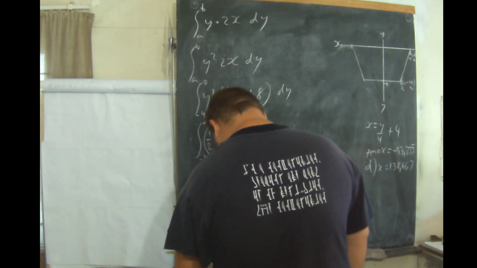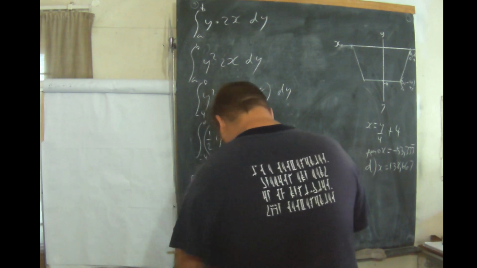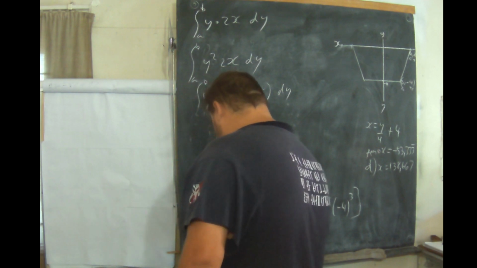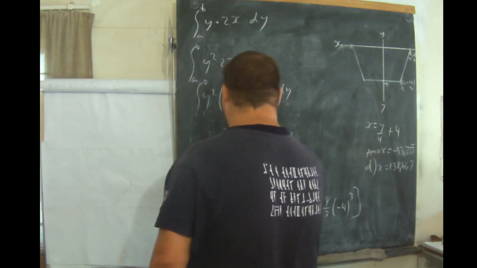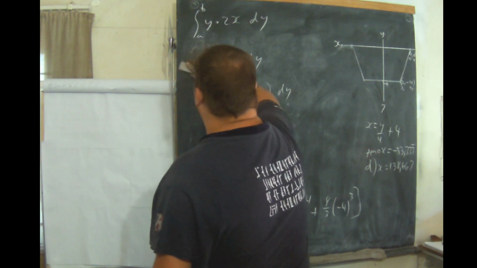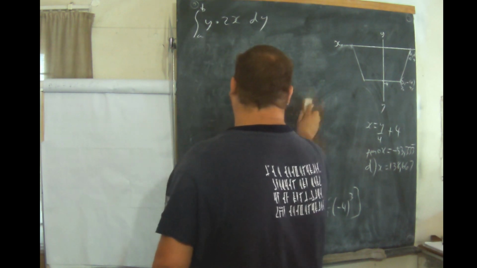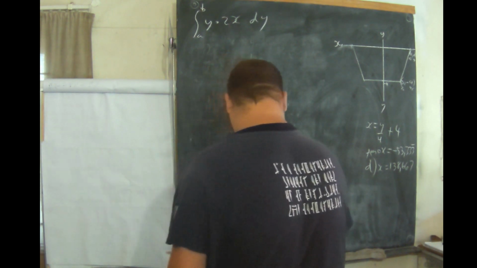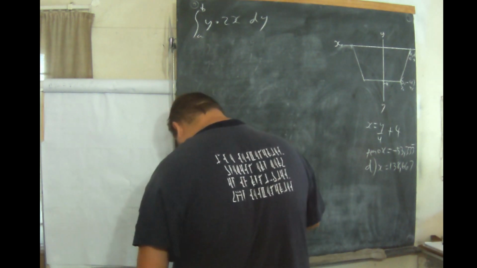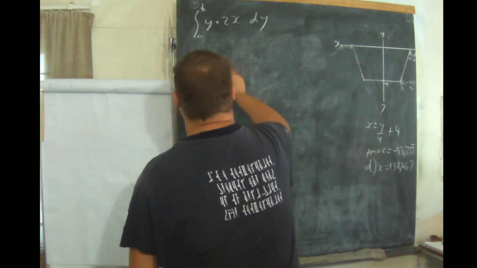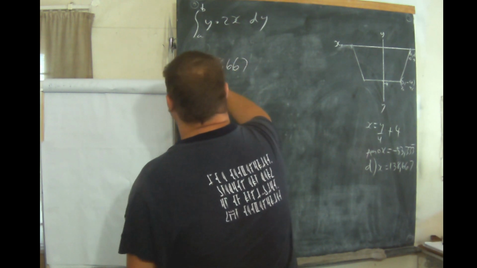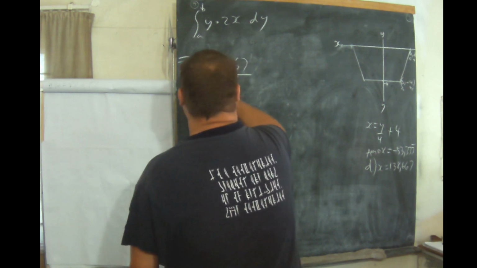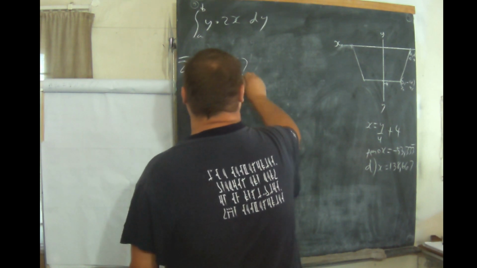Alright, now next step. Next step is we're looking for Z-bar. Very simple. Z-bar is 138.667 over minus 53.333.